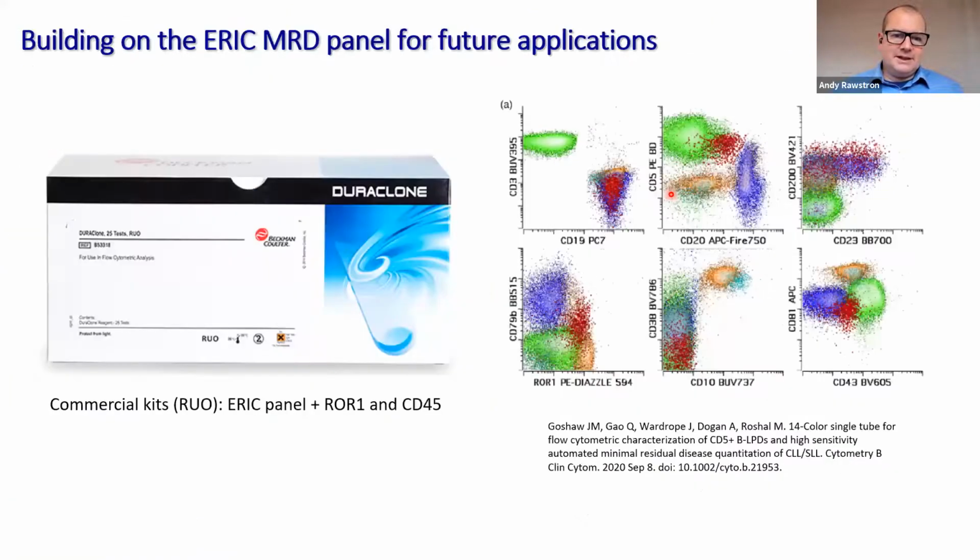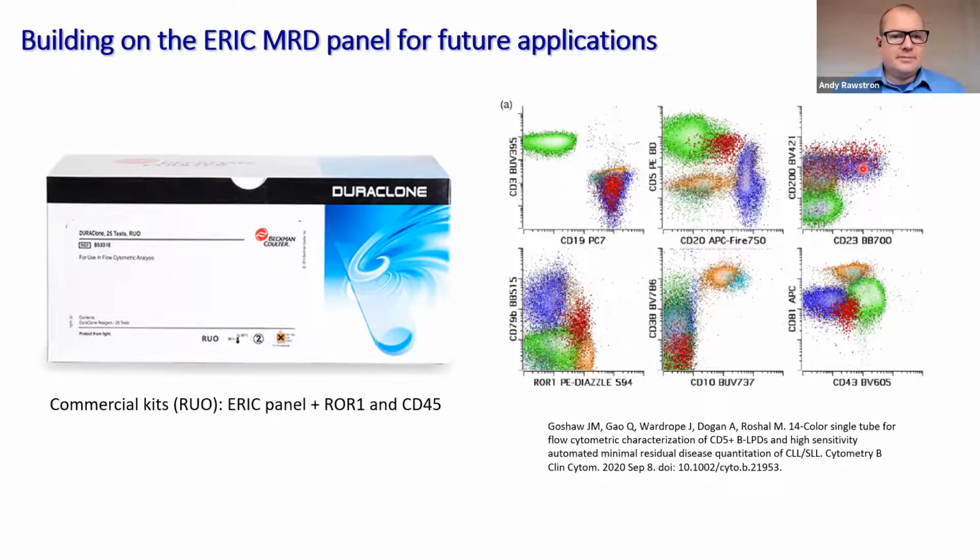And with that, you start to see the introduction of kits that meet the relevant criteria for detecting residual disease. On the other hand, you see other people developing more extensive assays to cover a whole different set of disorders, not just CLL, by building on the panel with extra markers.